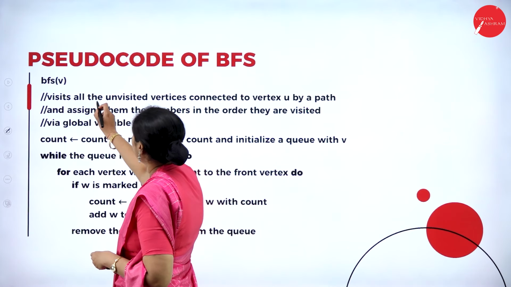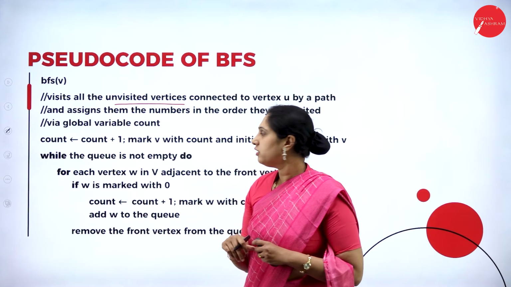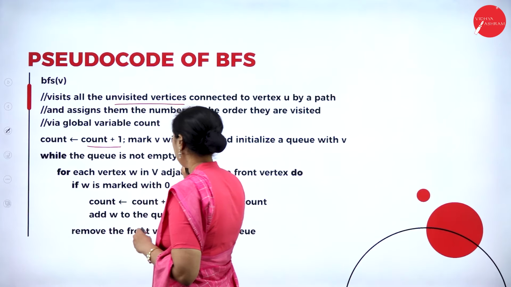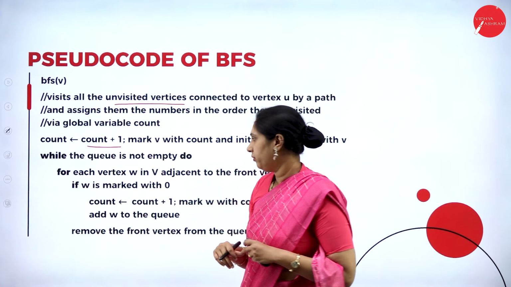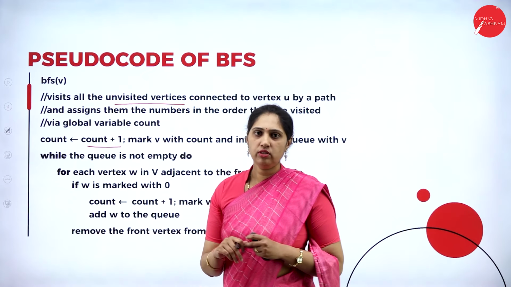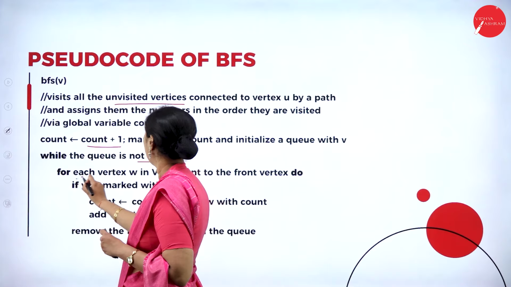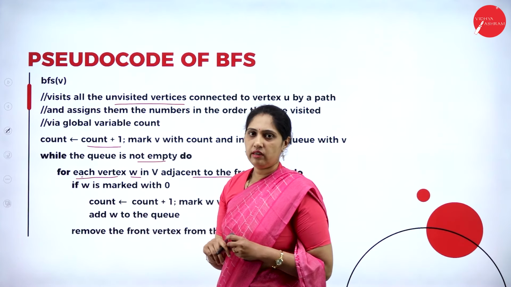So next we have to visit all the unvisited vertices. Each time the count will be incremented. Now it is in the queue. We have to check whether the queue is not empty. The very first time the queue is empty. So until the queue is not empty, for each vertex W, all the adjacent vertices we have to check.